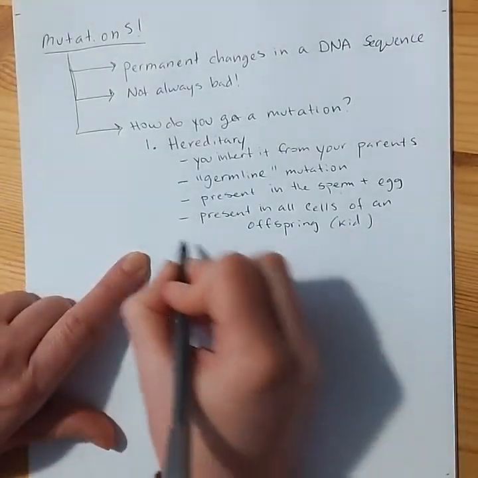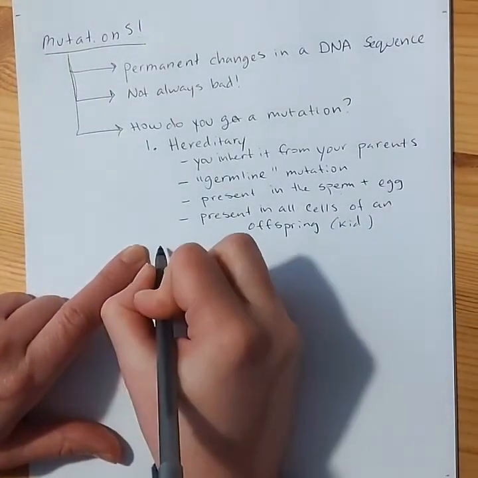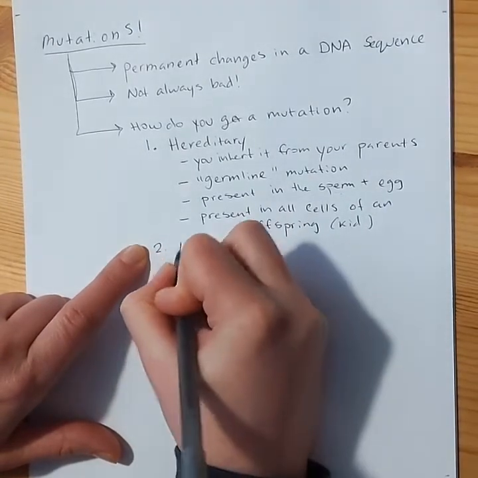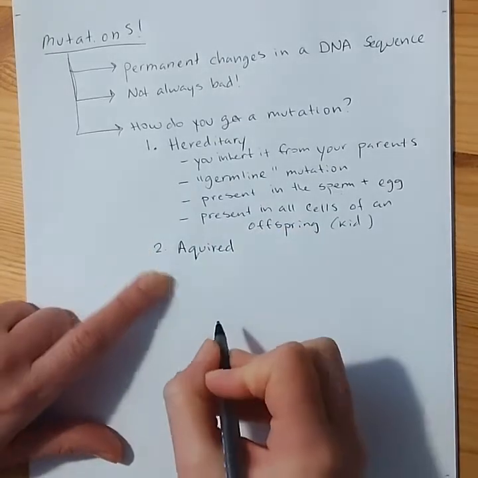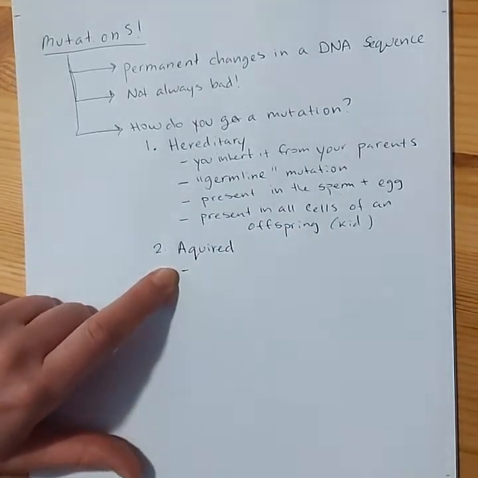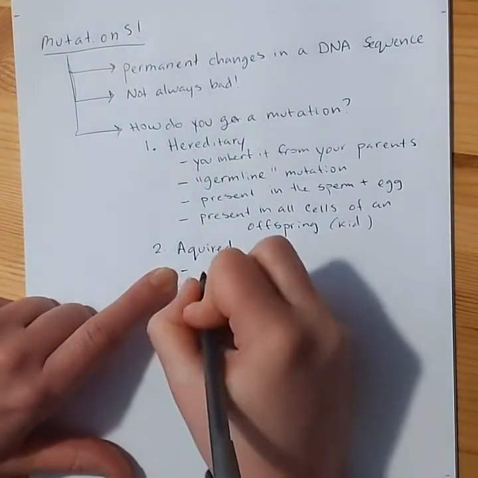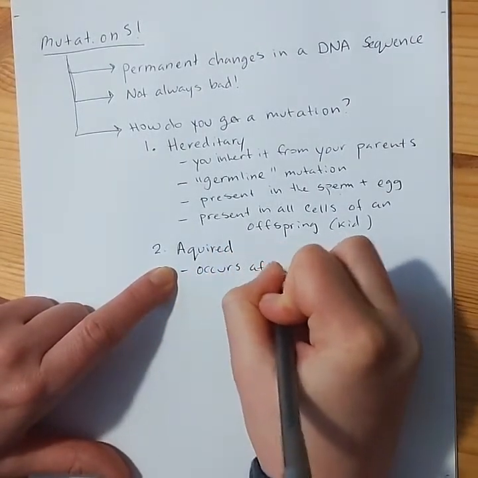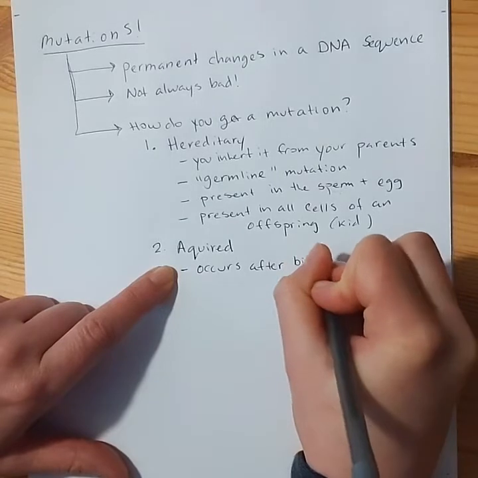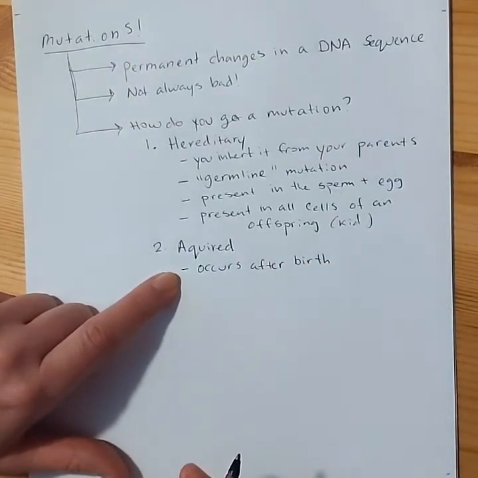Another way that we can get a mutation is to acquire it. We call these acquired mutations. An acquired mutation means that you are not born with it. It occurs after birth. So this could be something that is only in some of your cells.